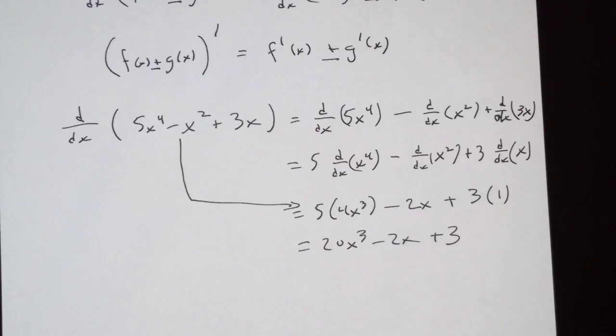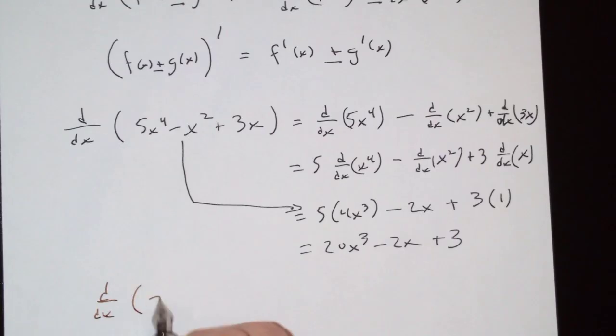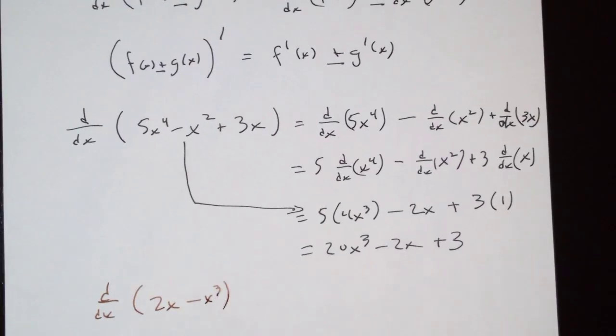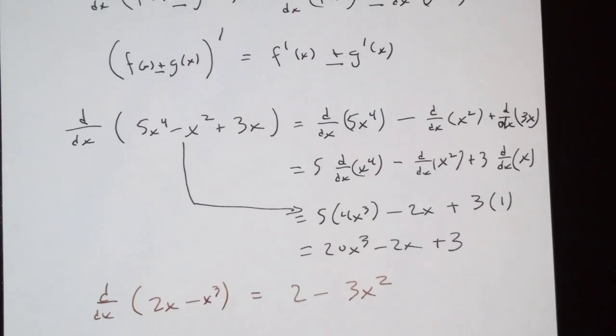By the way, this makes short work of something we did yesterday. What is the derivative of 2x minus x cubed? And that took us what, 10 minutes yesterday? The limit version of this definition is a pain in the neck.